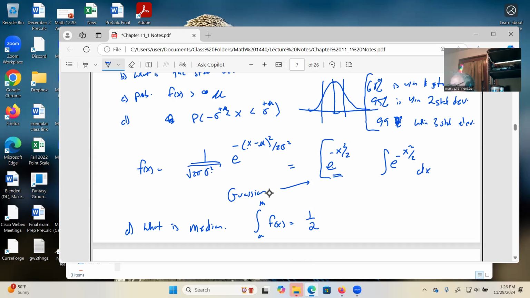So it's kind of like an integral equation where we get to put m in for the upper bound and solve for that. Go ahead and make that an E. So those are the 5 little parts that we're going to do for this.